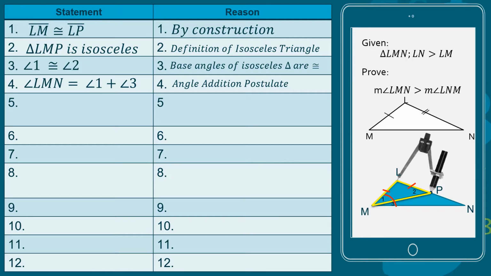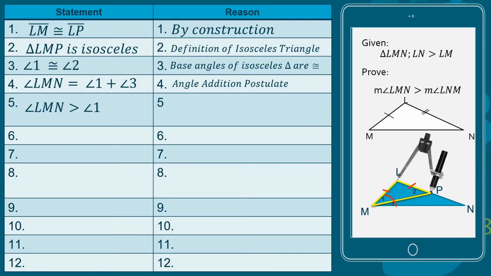And based now on statement number 4, what inequality statement is focused on angle 1? Tingnan natin. Anong masasabi natin based on statement number 4 sa angle LMN and angle 1? Correct.